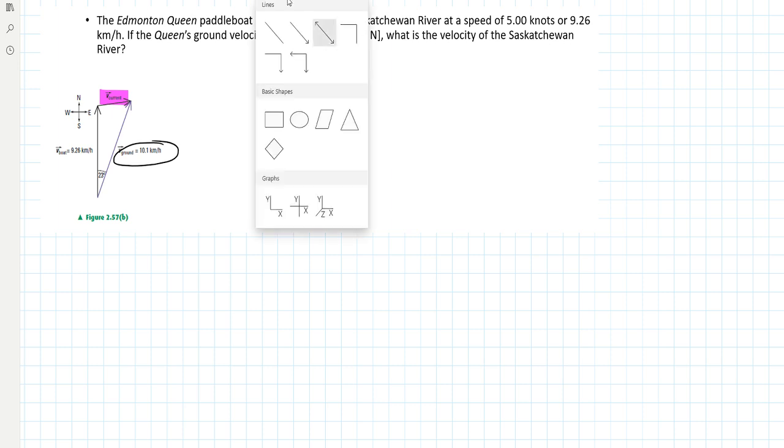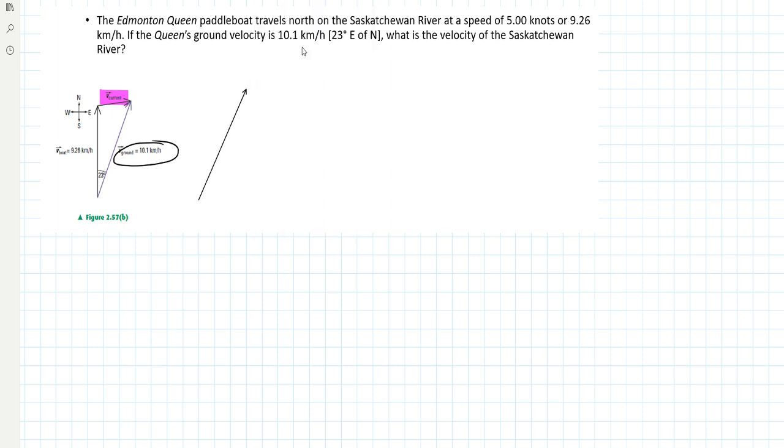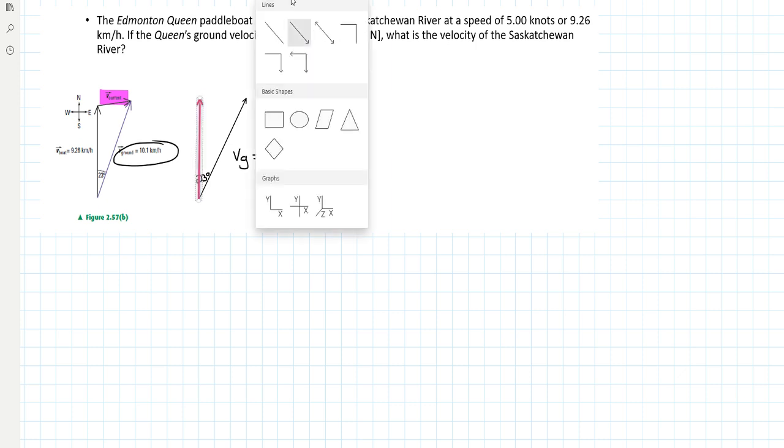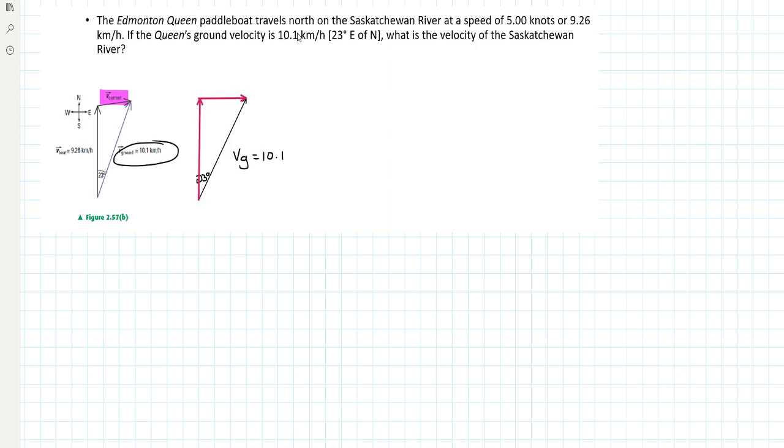So if I sketch this out and I have V ground, what we need next is to understand that the 23 degrees is here, which means our next lines are going to be in the northward direction and then in the eastward direction. This will give us our VGX and our VGY.